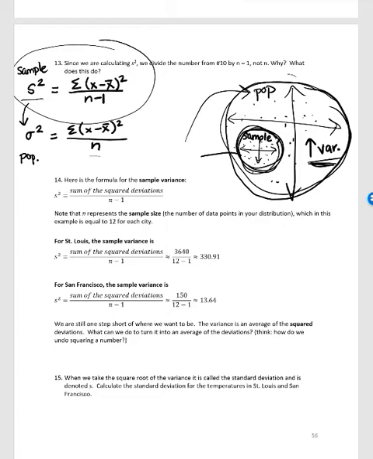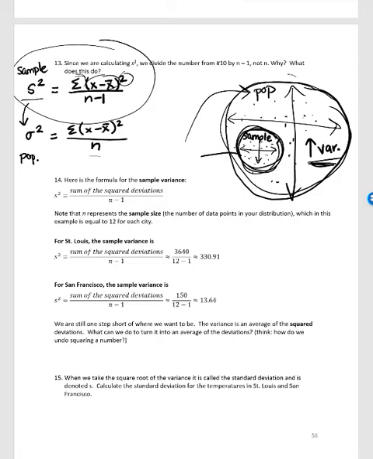S squared is the sum of the squared deviations divided by n minus 1. Note that n represents the sample size, or the number of data points in your distribution, which in this case is equal to 12 for each city, since we're talking about 12 different months.